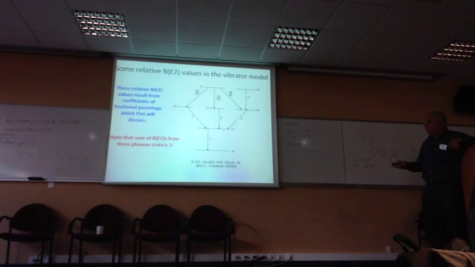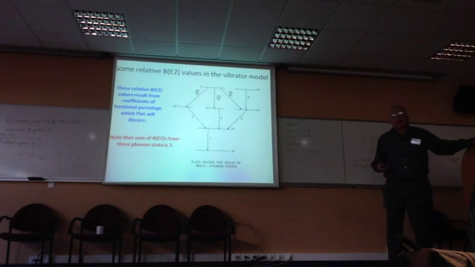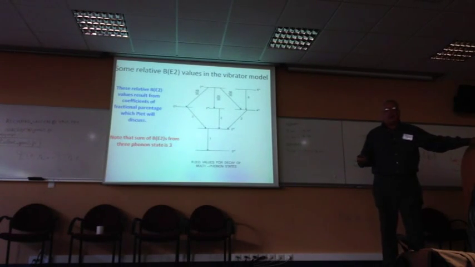I wanted to show a nucleus here, which for some reason I deleted the slide. It's cadmium 118, which shows these relative BE2 values and shows that the ratio of the forbidden ones to the allowed ones is on the order of 1 over 20. So the forbidden ones are a few percent of the allowed ones, which is the level at which the model works.